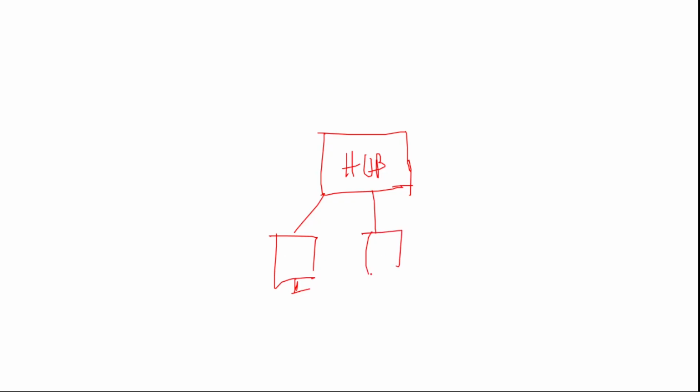So what is meant by broadcasting? Broadcasting means, suppose there is a hub and there are PCs connected to the hub. Suppose this is PC1, this is PC2 and this is PC3.